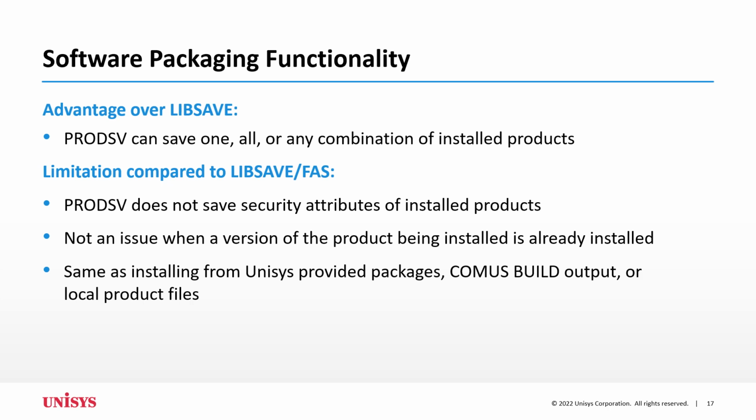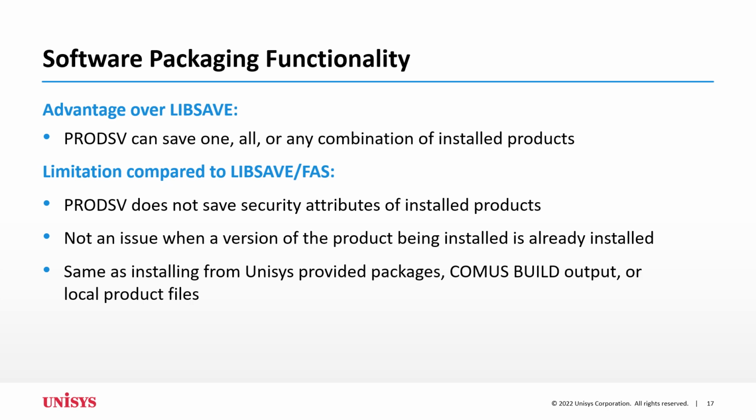This is not an issue when a version of a product being installed from the software package is already installed on the target system, since +1 cycles of the product's files retain the security attributes of their previous cycles.